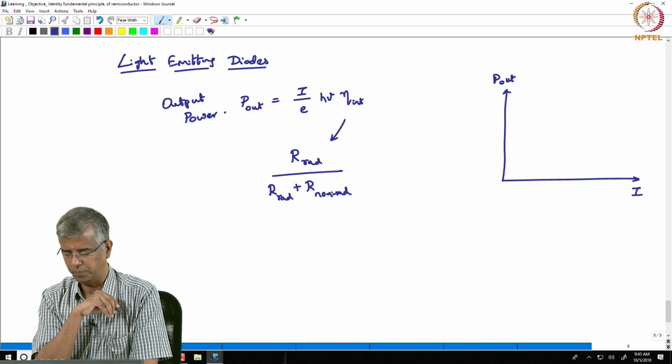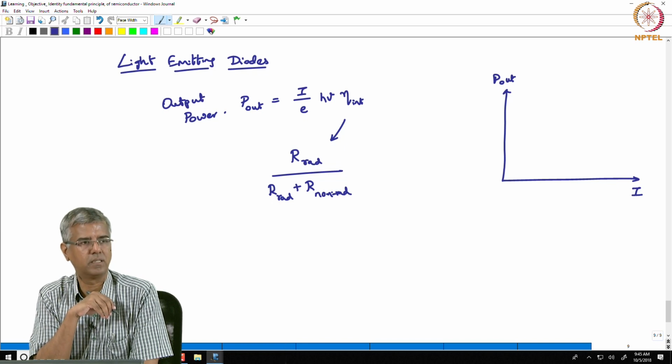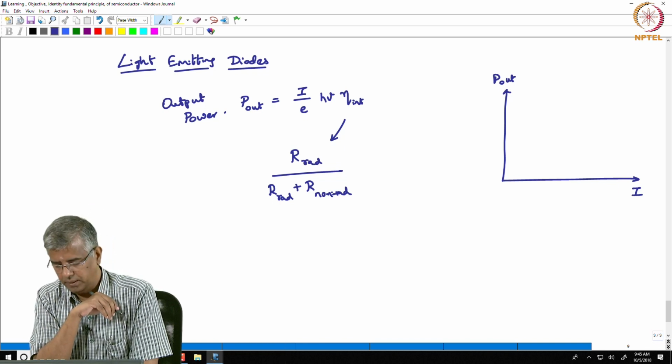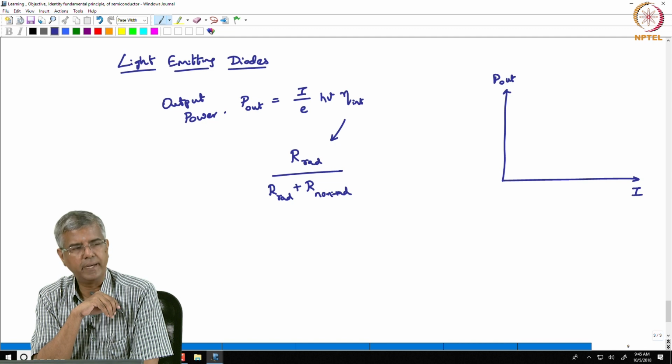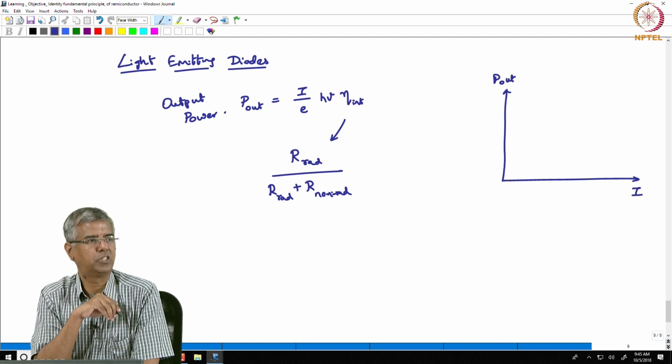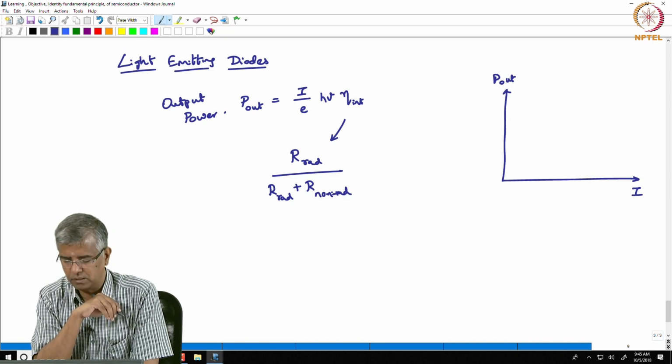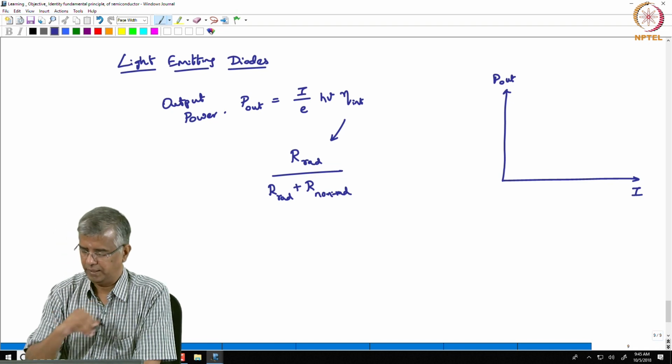That could be non-radiative mechanisms also. So R rad over the total rate at which carriers are lost represents this eta int.